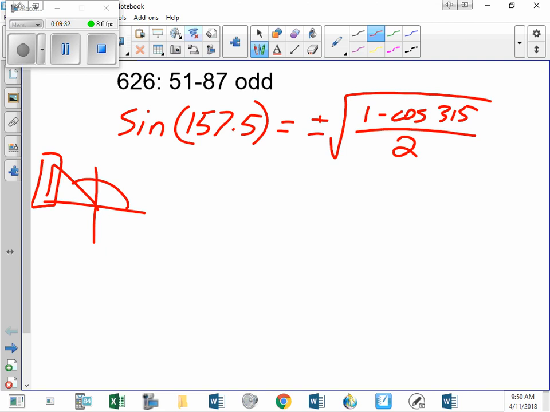So that's where the trick comes in. My answer is going to be positive. What is the cosine of 315? Root 2 over 2. And then it simplifies.